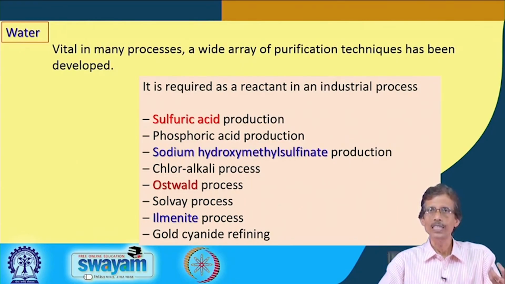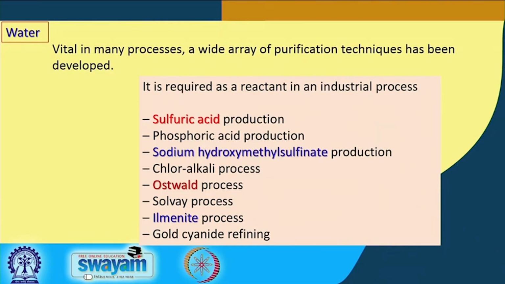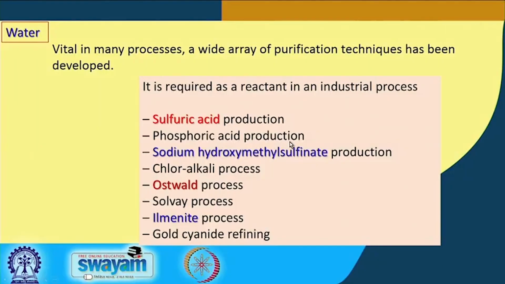So, the water molecule is being fixed as the typical sulfate ion, which can be utilized for many different purposes, starting from getting sulfate for barium sulfate formation, which is a standard material for water turbidity measurements also. Similarly, we can have phosphoric acid production, because it is also H3PO4. Again, we have something which comes directly from the water molecule, and we will utilize it for phosphoric acid production as well.